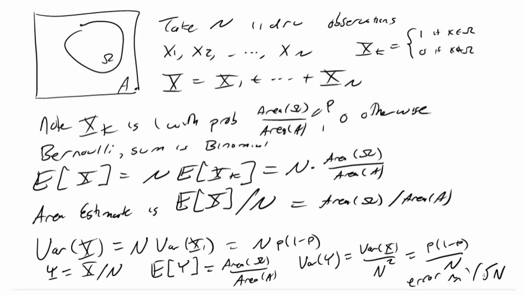So what is the mean of each xi? xi is 1 if you're in the region and 0 if you're not in the region. It's p. And what is p?